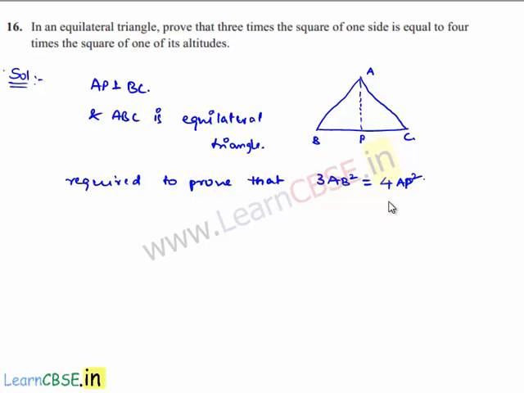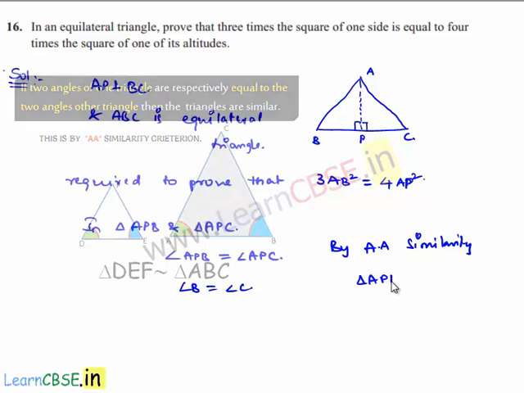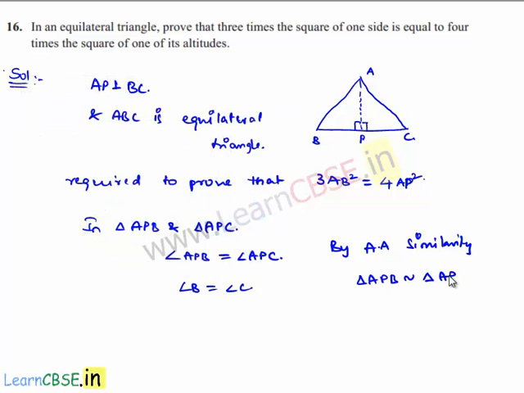In order to prove this, let us consider triangle APB and triangle APC. In these two triangles, angle APB is equal to angle APC and also angle B is equal to angle C. Therefore, by AA similarity, we can say that triangle APB is similar to triangle APC.